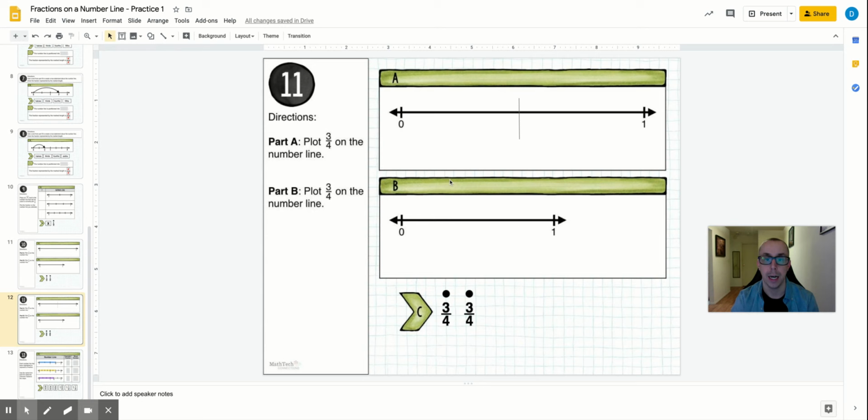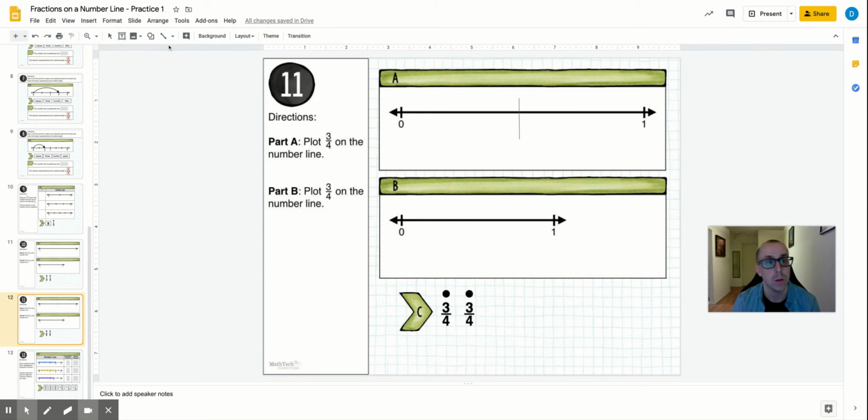You can divide this part in half, and you can divide this part in half, and that will be your 3 lines, and that will give you your 3/4.